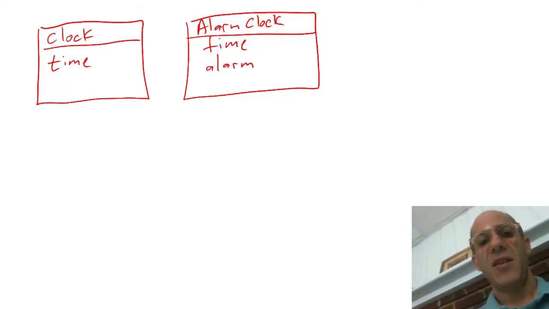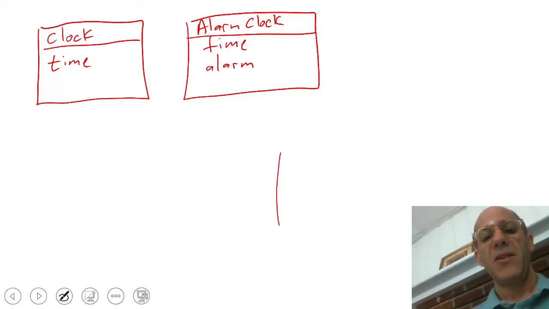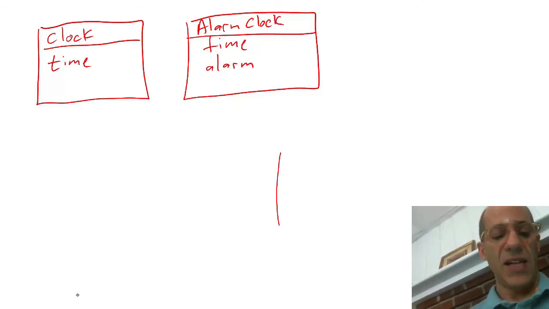The challenge is, how do you define alarm clock so it takes advantage of the coding you've already done with clock, especially the instance variable time and the getter method? Well, the solution is not to have two completely separate classes, but instead to define a base class of clock and an alarm clock that is a subclass.